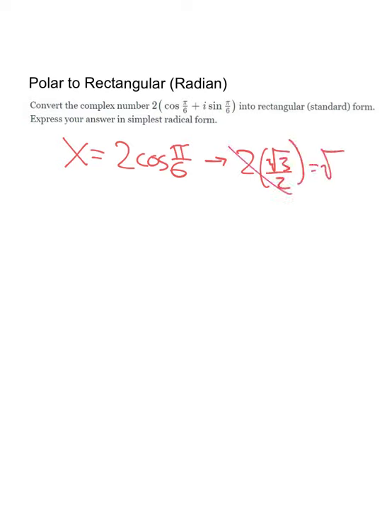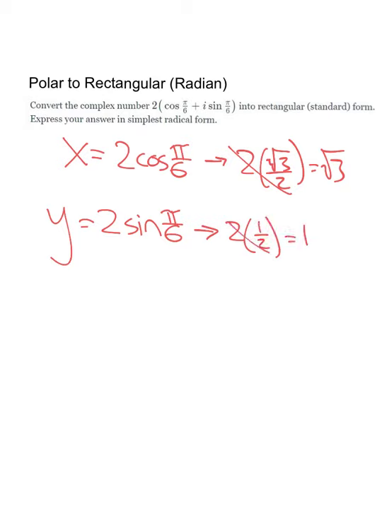So this one's just square root of 3 for the real component. Then the imaginary component is going to be 2 times the sine of pi over 6. And sine at pi over 6 is just 1/2. So this is going to be 2 times 1/2, or just 1 with an i.